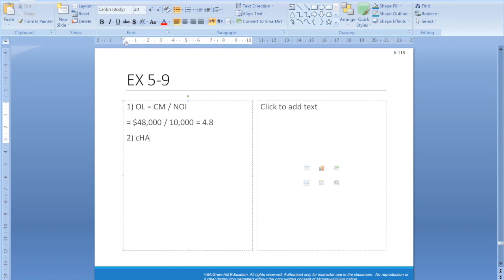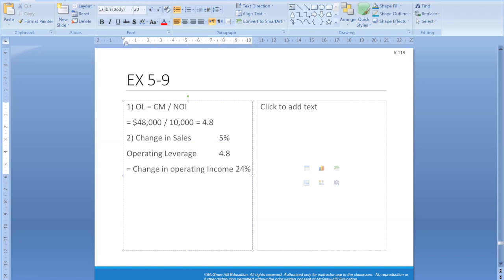So we will say the change in sales, which is 5%, times operating leverage, which is 4.8, will equal the change in operating income. So 5% times 4.8 equals 24%.